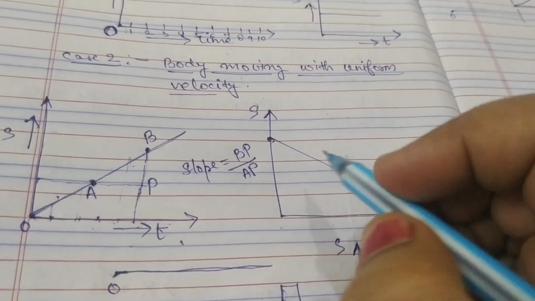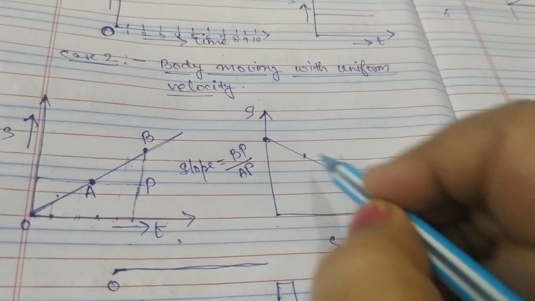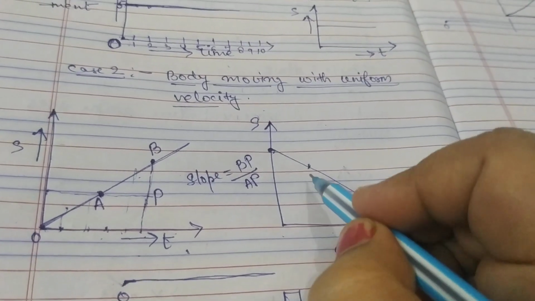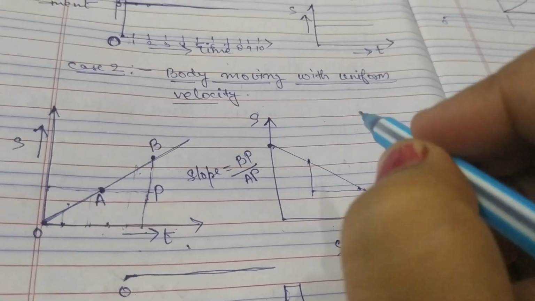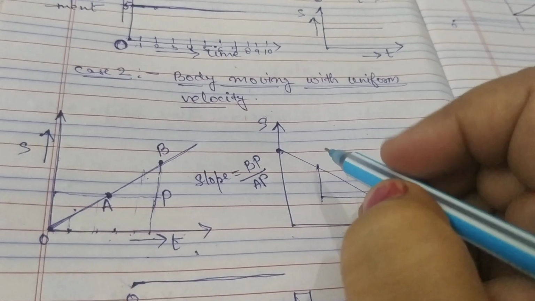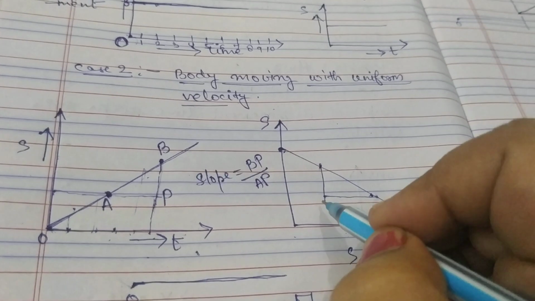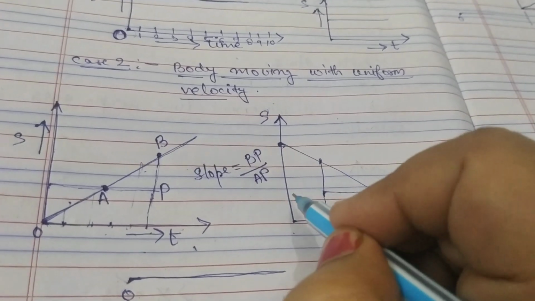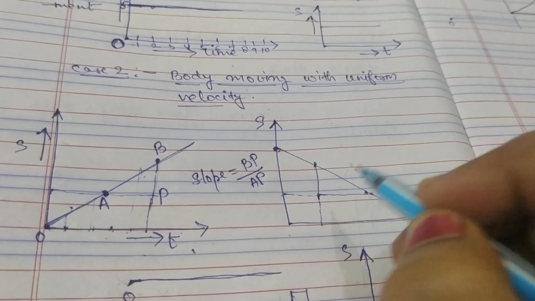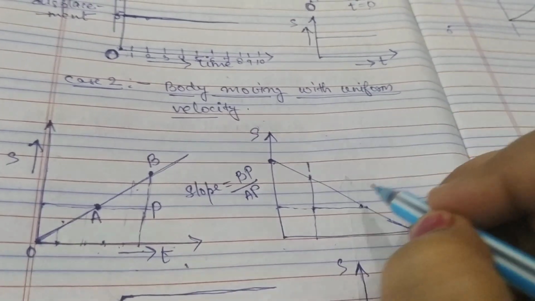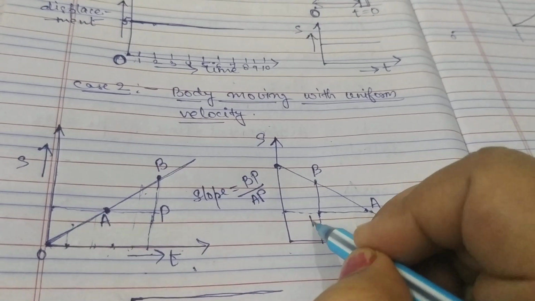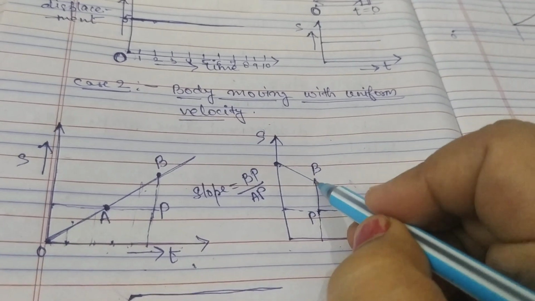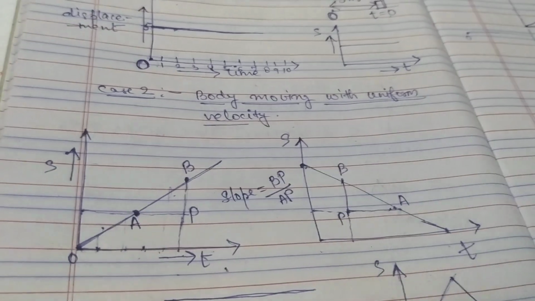And see here, if we take 2 points like this, the slope will be like this. Vertical line this, and this horizontal line. Suppose these are the points A, this is B, meeting at P, so again the slope will be BP upon AP.